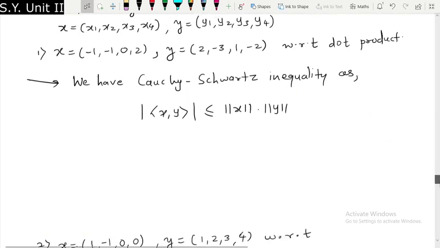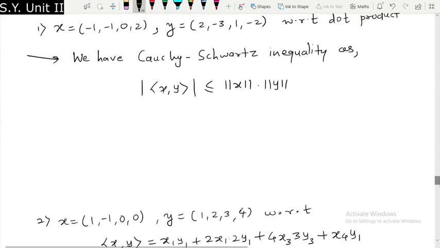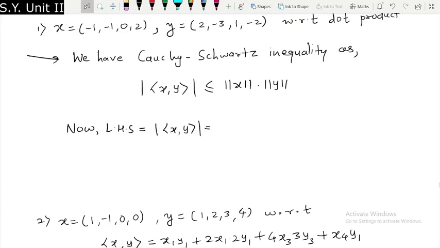Now my LHS is equal to mod of inner product of x with y. What will be the inner product of x with y? Since it is a dot product, minus 1 multiplied by 2 is minus 2. Minus 1 multiplied by minus 3 is plus 3. 0 multiplied by 1 will be 0.